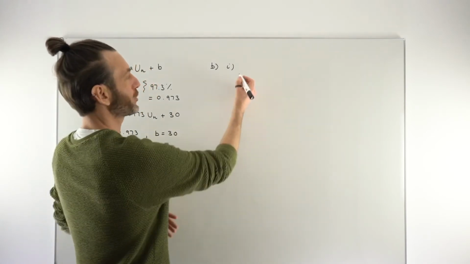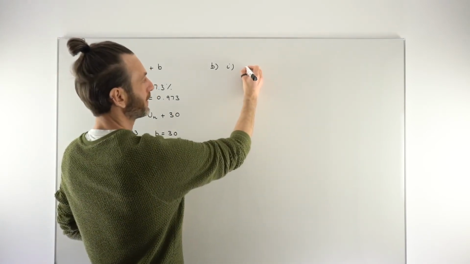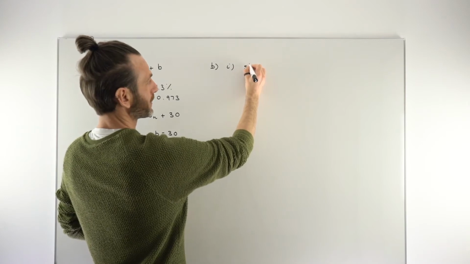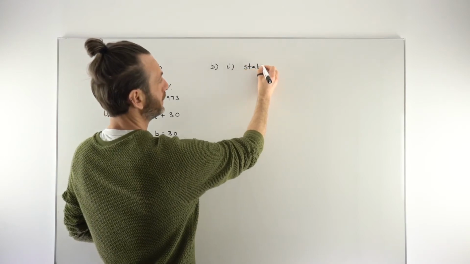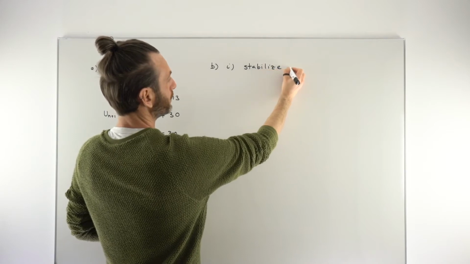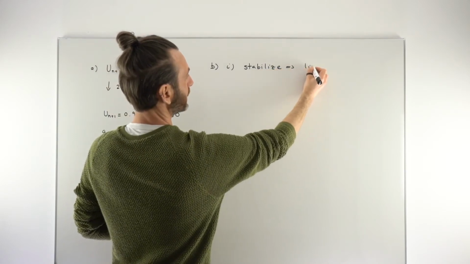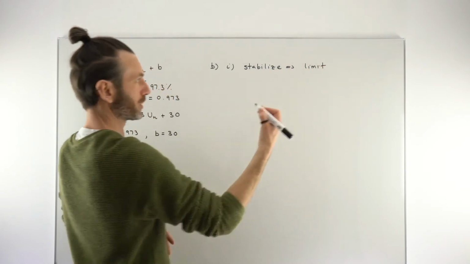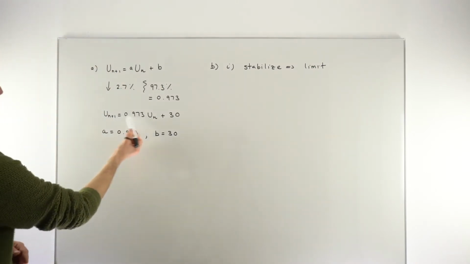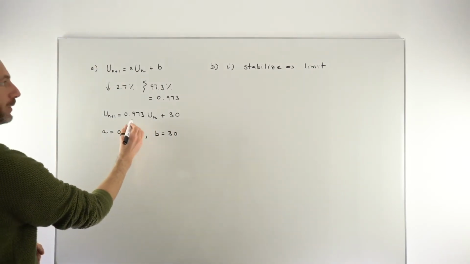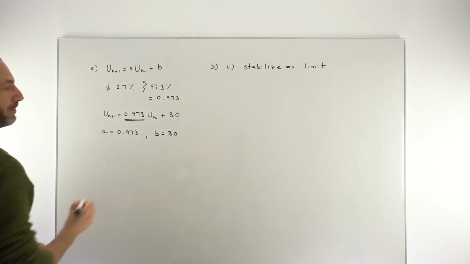So the interpretation is that if it's going to stabilize, then that would imply that there's going to be a limit to the recurrence relation. This is our recurrence relation here. How do we tell if it's got a limit? Well, we tell by the A value, the multiplier value.